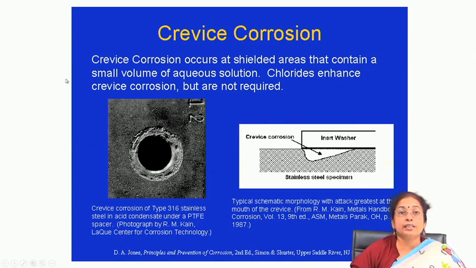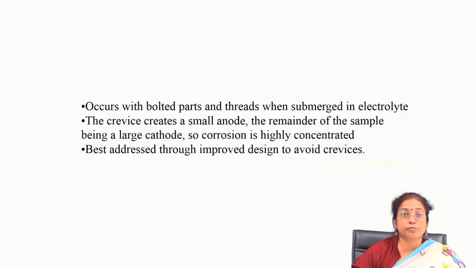Crevice corrosion is observed not only in shielded areas, but also in any area where, for example, you have a washer that is loosely shielded. There also you will find a typical crevice corrosion problem.